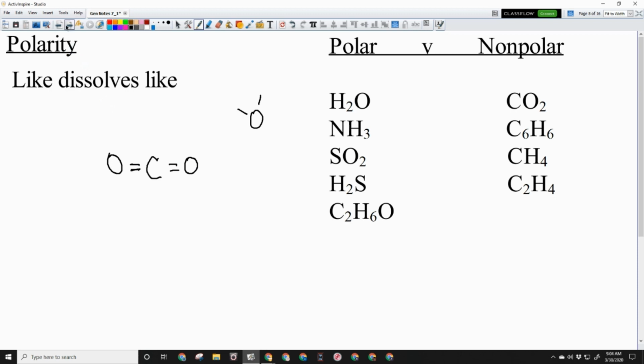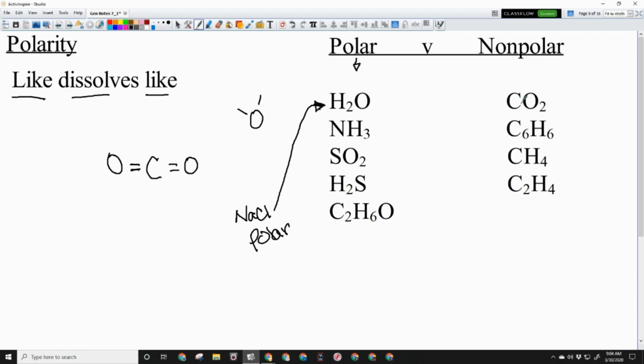And so when we talk about if something is going to dissolve, then we remember like dissolves like. So what that means is polar molecules, polar solvents will dissolve polar solutes. So NaCl. NaCl is polar. Okay? That's why it will dissolve in water.